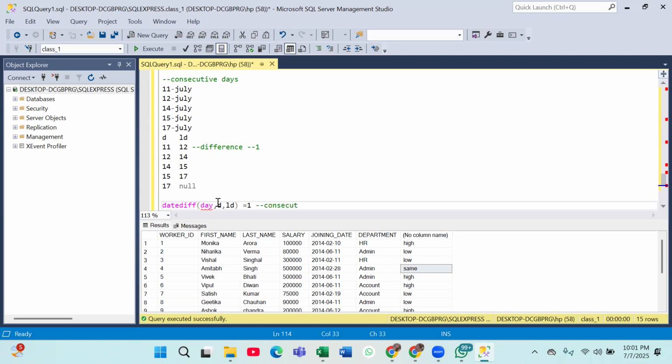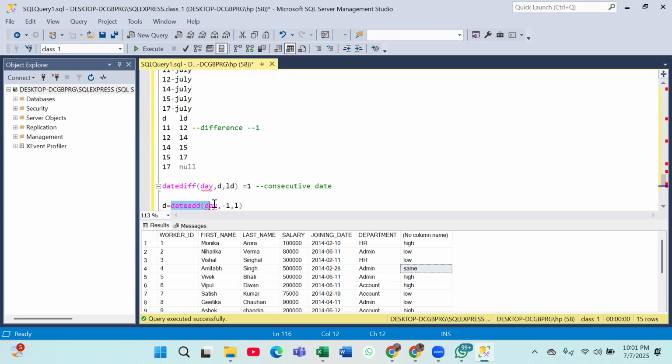Am I correct, everyone? Right? And what he is talking about, let's say we have a date, which is D. If D is equal to my date add, I want to add minus 1 day to my lead column. Is this clear with you? We are just subtracting 1 day from our lead.